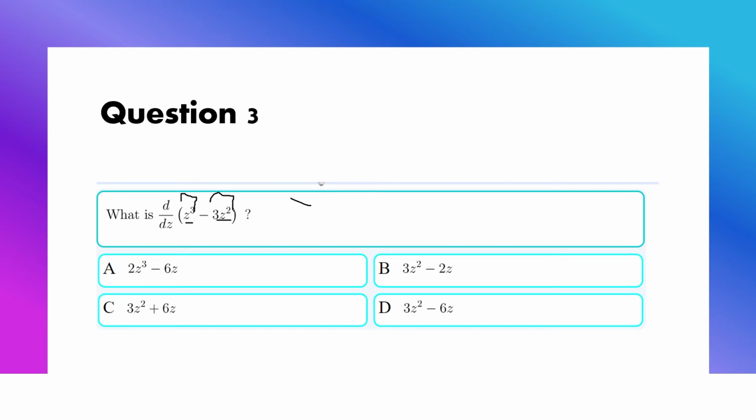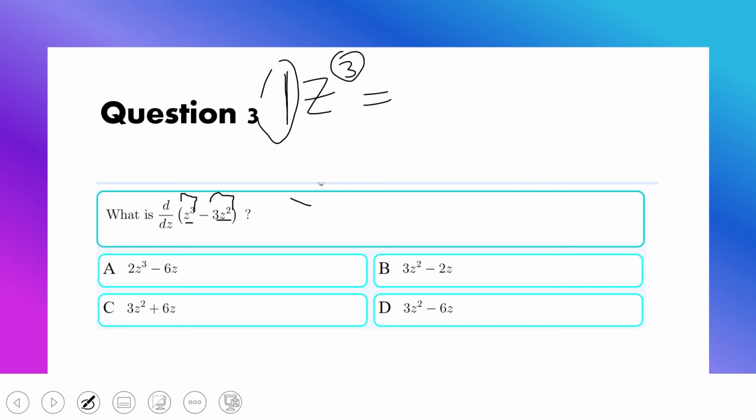So first, let's find the derivative of z to the power of 3. So there is a hidden 1. People just don't write it. So power law states that you have to multiply this 1 by 3, which is just 3, and then you subtract 1 from the exponent, which means 3 minus 1, which is just 2. So you found the derivative of this.